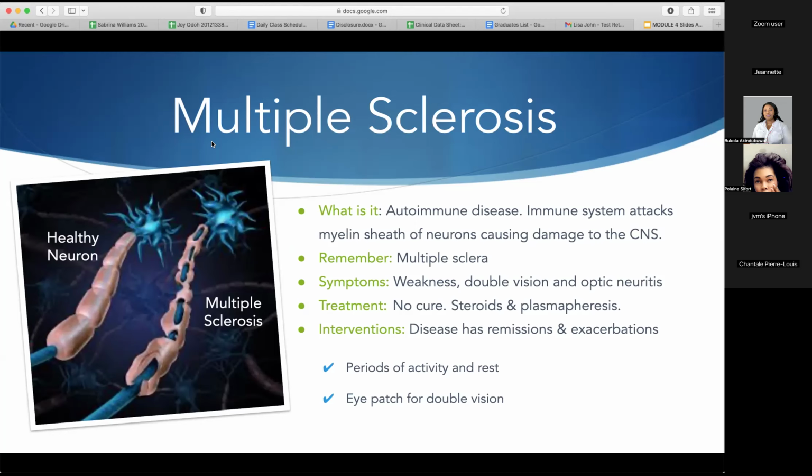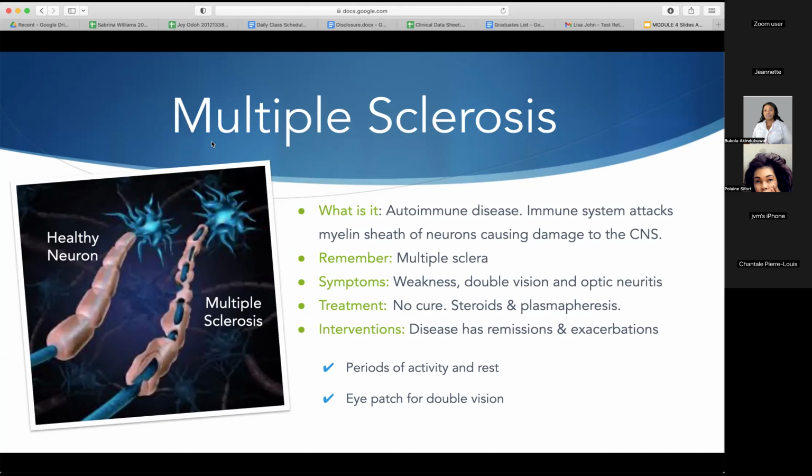So someone tell me, what is the sclera? If I said the sclera of the eye, what do I mean? Scar. The sclera of the eye is the white part of your eye. When you look in the mirror, the white part of your eye is called the sclera.